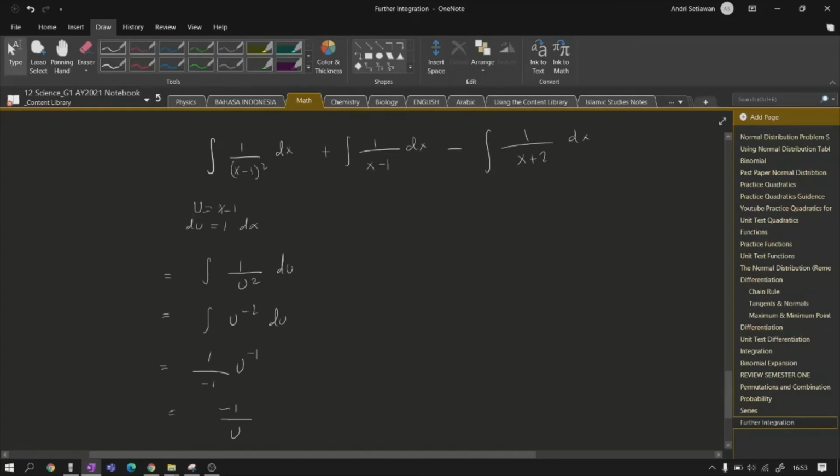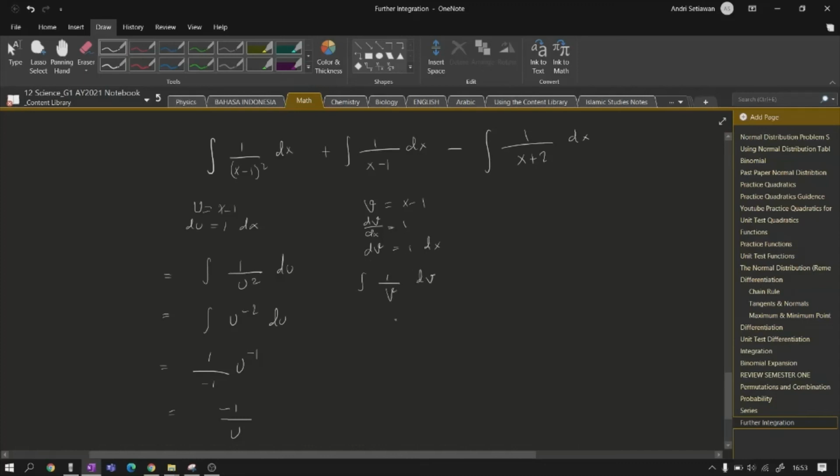For the second term, maybe we can use v. v equals x minus 1, so dv over dx equals 1, so dv equals 1 dx. We can directly substitute this form: 1 over v, and 1 dx is dv.